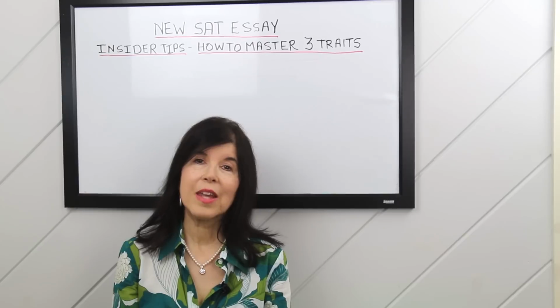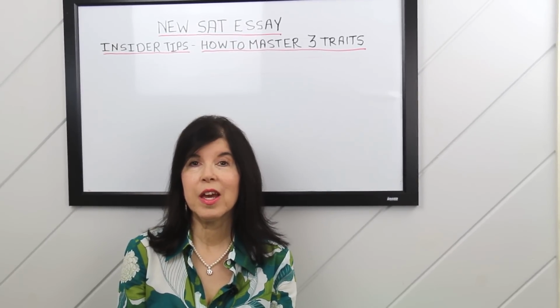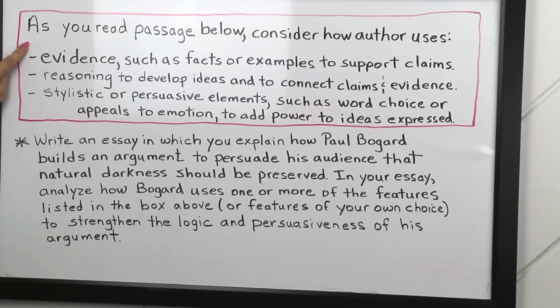Now let's look at a sample prompt related to a passage about light pollution entitled "Let There Be Dark" by Paul Bogard. First, you'll be instructed, as you read the passage below, consider how the author, in this case Paul Bogard, uses evidence such as facts or examples to support claims, reasoning to develop ideas and to connect claims and evidence, and stylistic or persuasive elements such as word choice or appeals to the emotion to add power to his ideas expressed.